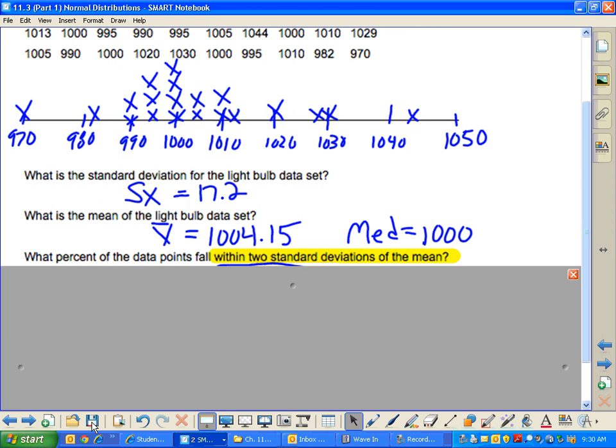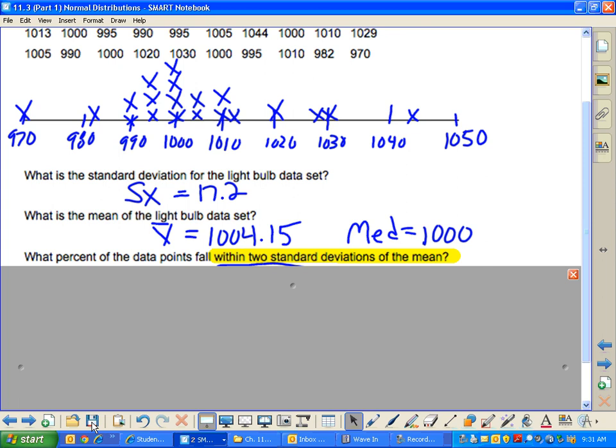Back to this. Within 2 standard deviations of the mean. Let's keep in mind what we're trying to do. We're trying to determine if this data fits a bell curve. So what we're trying to decide is essentially what percent of light bulbs out of the 20 that we got are going to fall within 2 standard deviations of our mean. 2 standard deviations equates to a percent.